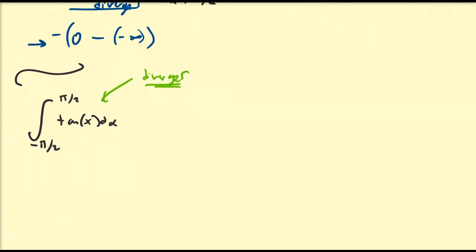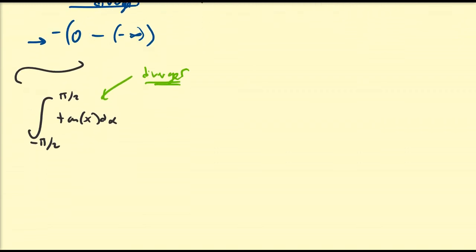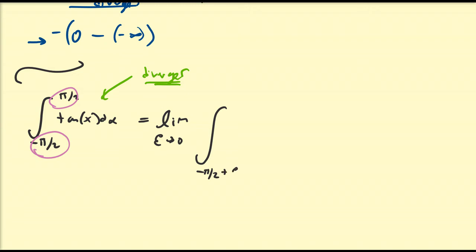Let's see if we can find it. We've determined that it has singularities at both endpoints, so we can rewrite this improper integral via the limit definition: the limit as epsilon goes to 0 of the integral from -pi over 2 plus epsilon to pi over 2 minus epsilon.